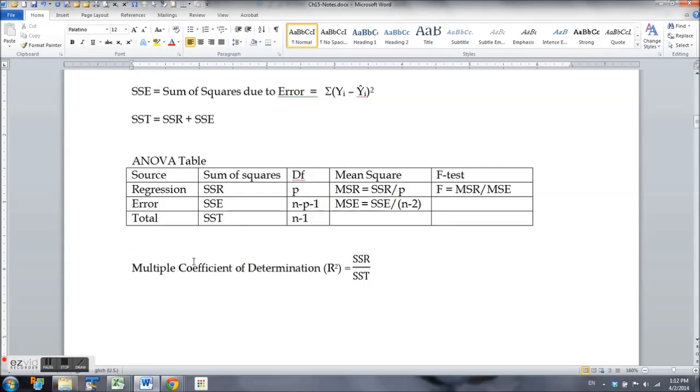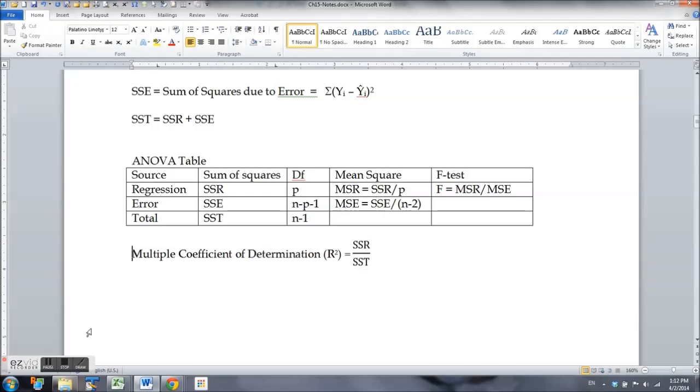To emphasize that, we call it multiple coefficient of determination, and the interpretation of R squared is the same as in the previous case: the proportion of total variability explained by the regression. If you take the square root of this R squared, we get the multiple correlation coefficient. We'll look at that in the Excel sheet in a minute.